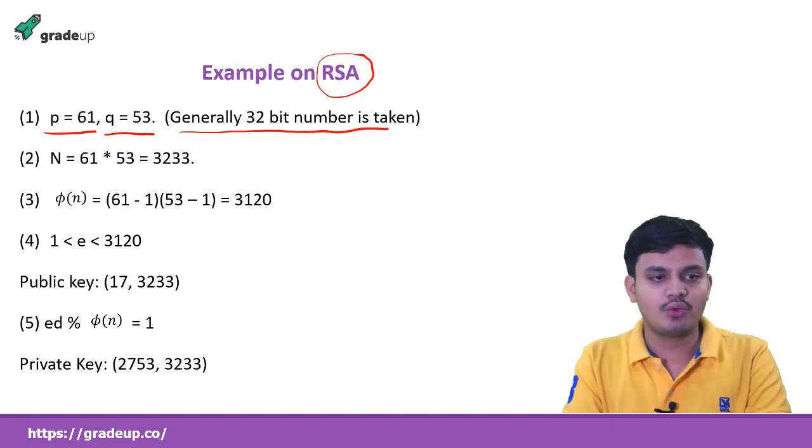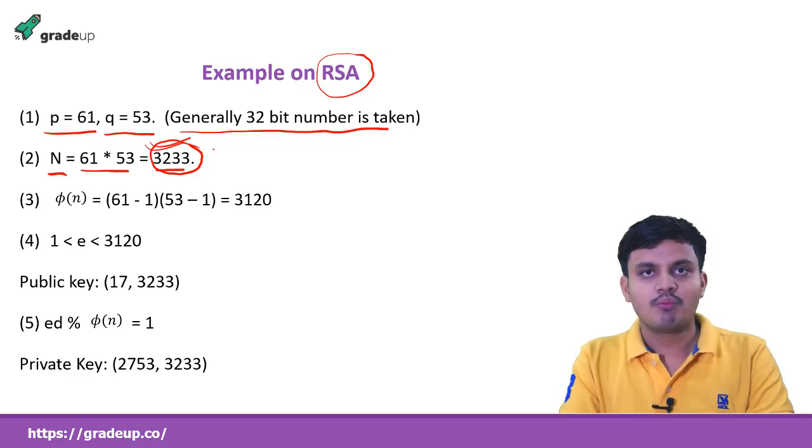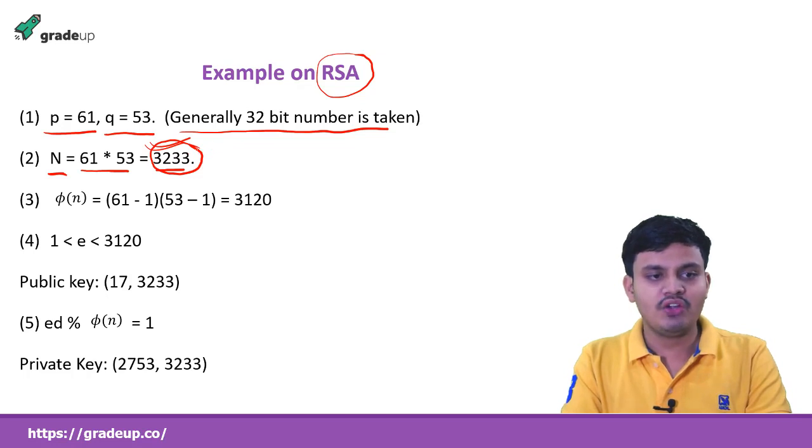Here n is the multiplication of two prime numbers, 61 into 53, and you get a number. Decoding this number into two primes is very tough when it is 32-bit, and even for a 2-digit number it is tough. We can do brute force, but it will take exponential time.